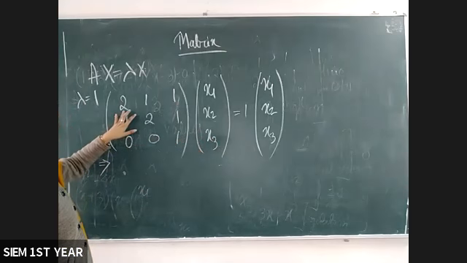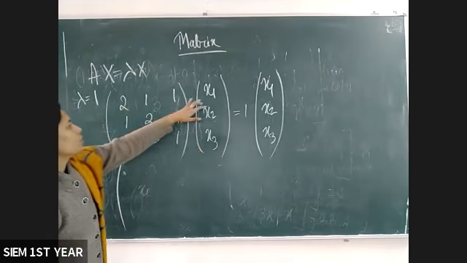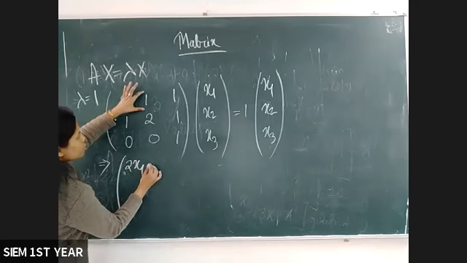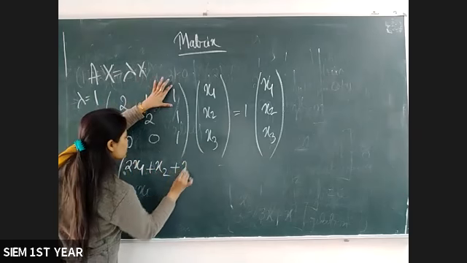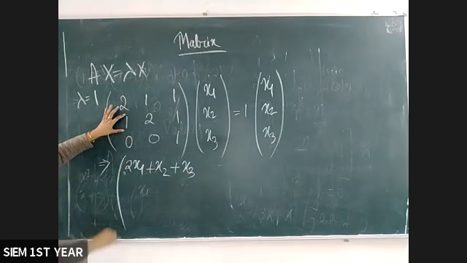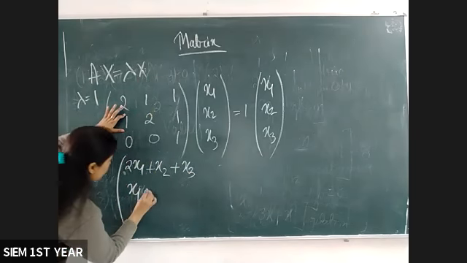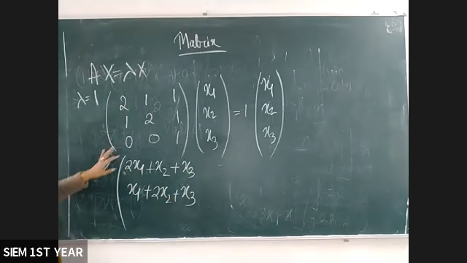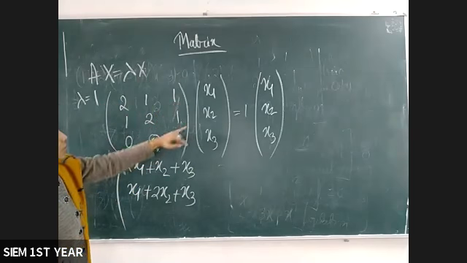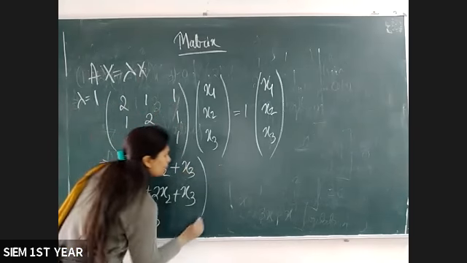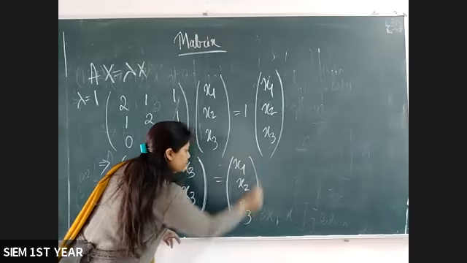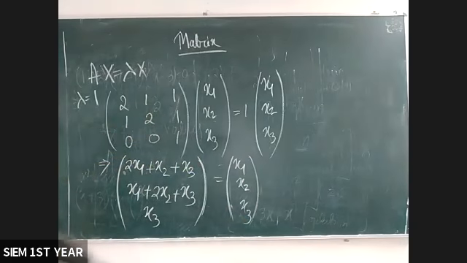Row into column: 2 into x1 plus 1 into x2 plus 1 into x3. The next element will be 1 into x1, that is x1, plus 2 into x2 plus 1 into x3. The last element will be 0 into x1, 0 into x2, 1 into x3. This equals x1, x2, x3. On the right hand side, if you multiply 1 by each element, you get the same numbers, so you get x.